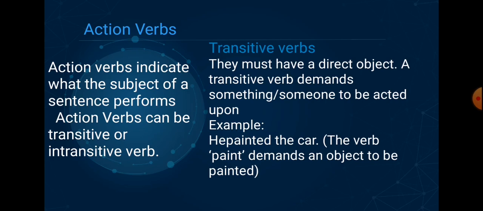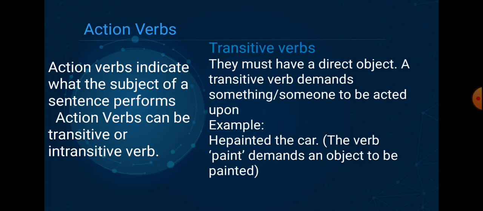Example: he painted the car. The verb paint demands an object to paint. A transitive verb needs a direct object. We can also say a transitive verb transfers action from subject to object, or that a transitive verb's meaning is incomplete without its object.